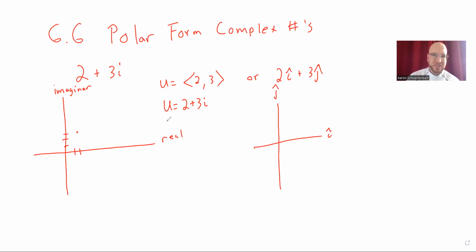I can give my v vector as 2 minus i. So again, here in more normal vector form. And when I add u plus v, I get 4 plus 2i. Or when I add the vectors, I get 4, comma, 2. And it works out to be the same either way. Okay?